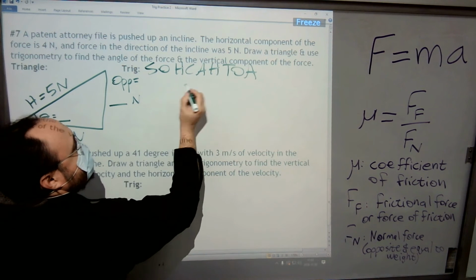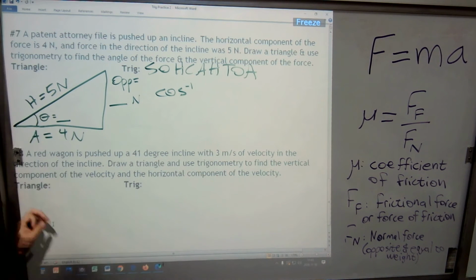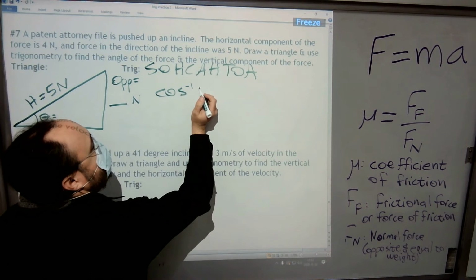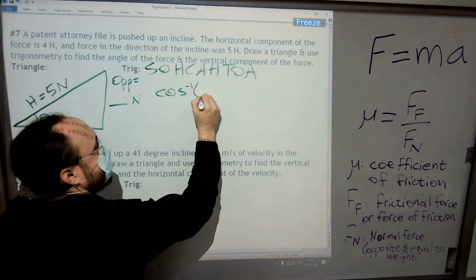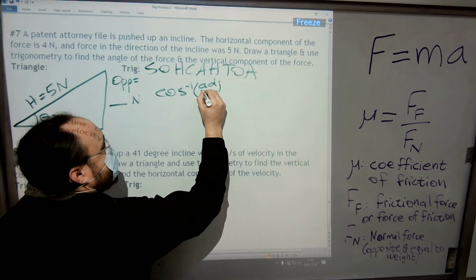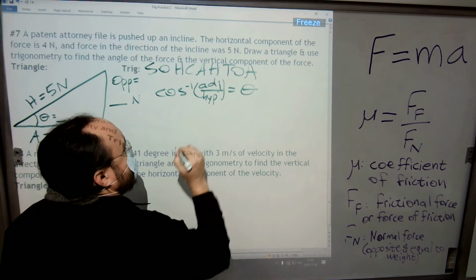H and a go with cosine, so we'll use inverse cosine or arc cosine or a cosine. I don't know why there's so many names. And now it's backwards, so instead of cosine of the angle, it's cosine of the sides. Cosine of adjacent over hypotenuse equals theta.